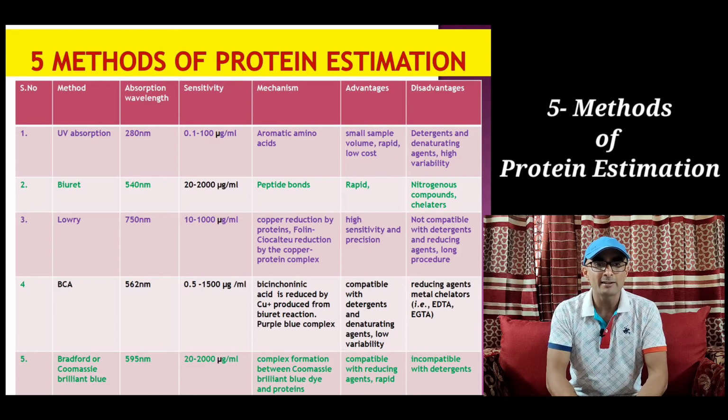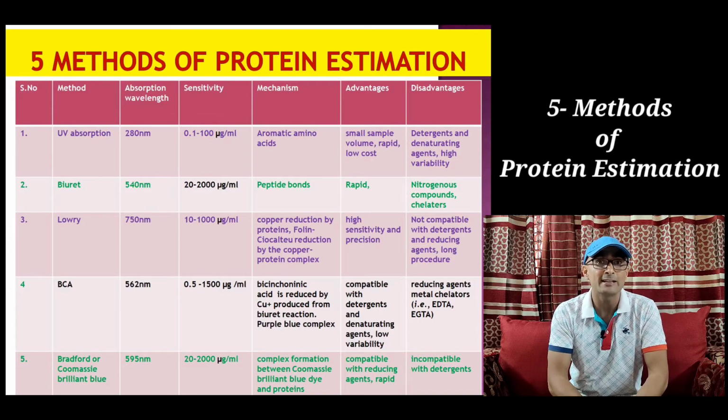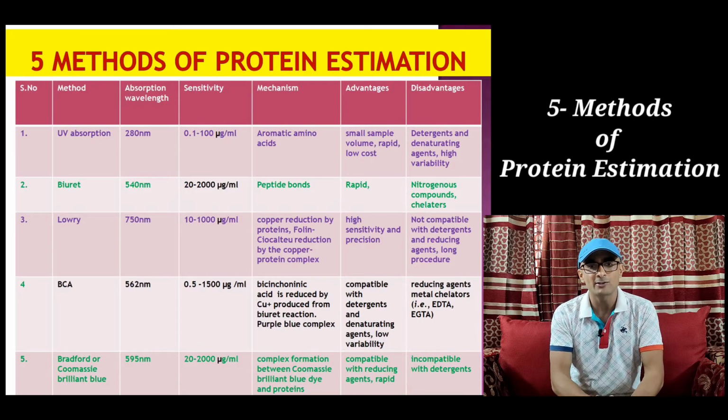The absorbance at 280 nanometer is attributed to the presence of aromatic amino acids, and the number of aromatic amino acids varies from protein to protein. So in that way, this is not a very accurate method. Nevertheless, it's very quick to give a rough idea about protein concentration in laboratory use.